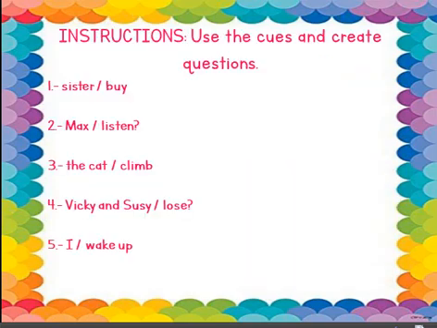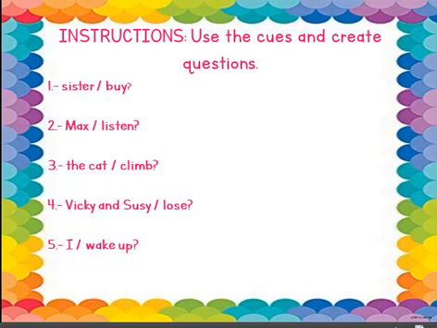Very good. Now, let's go with an activity. Instructions. Use the cues and create questions. The number one says, sister, buy. Number two, Max, listen. Number three, the cat, climb.